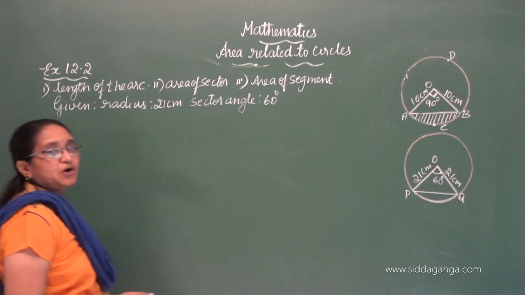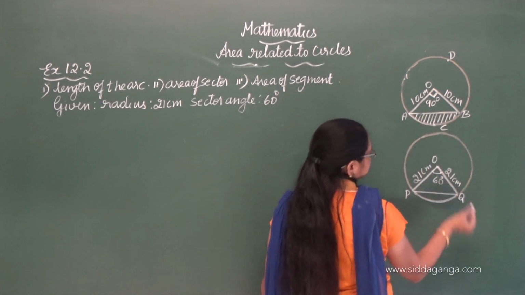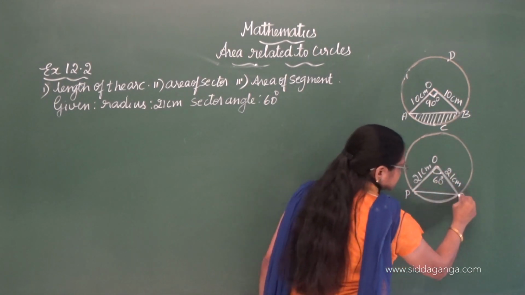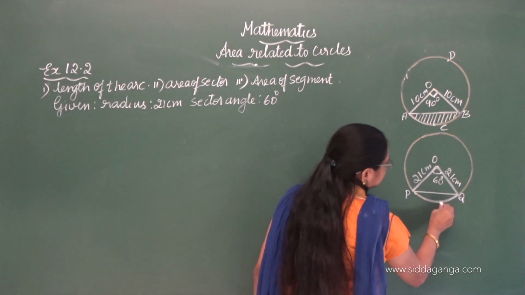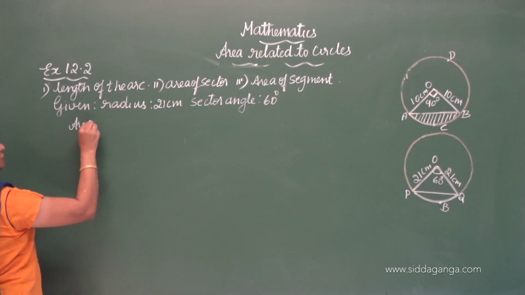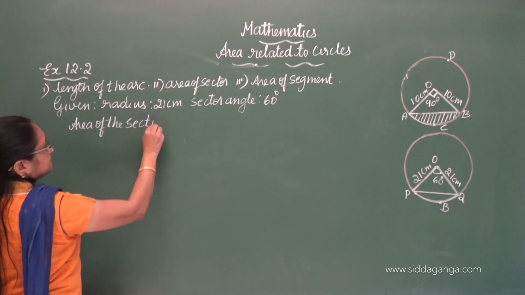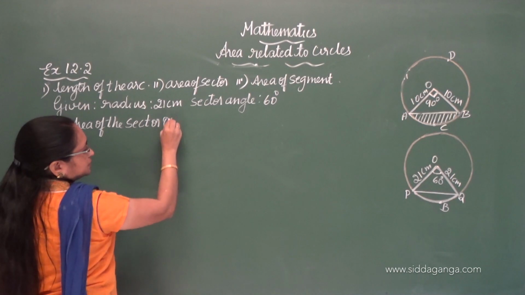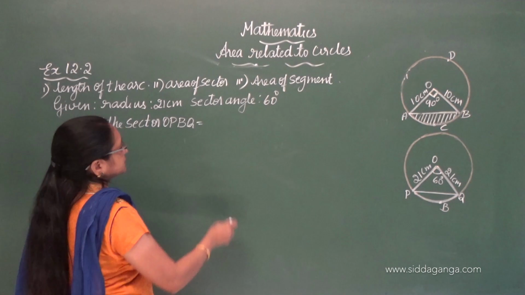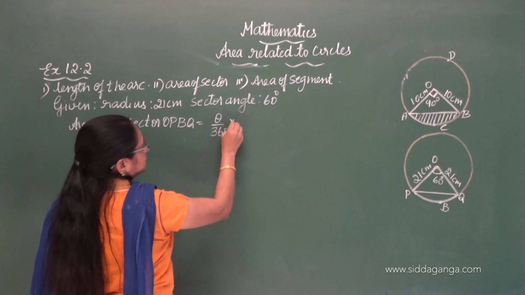Area of the sector formed by the arc. See, area of the sector formed by the arc means, sorry, here this area of the sector. So you can name here B here. Okay, area of the sector OPBQ. Area of the sector OPBQ is equal to theta by 360 into pi r square.